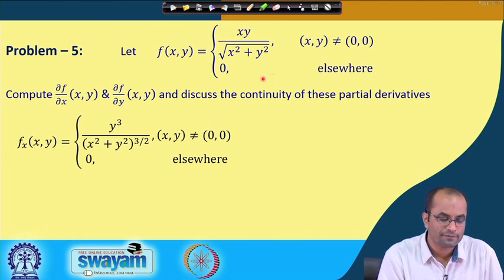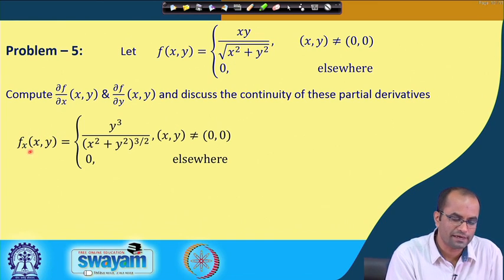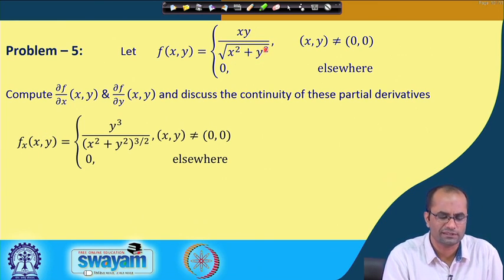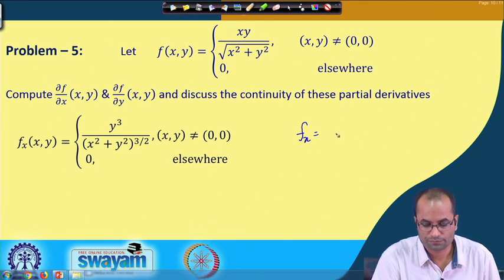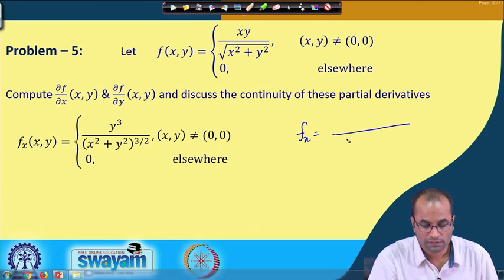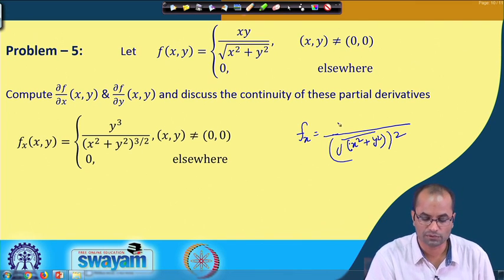So, when (x, y) is not equal to (0, 0), we have this function, and we can take the partial derivative with respect to x here, treating y as constant. Just following the usual calculation, we have x square plus y square under the square root. So, this will be the whole square, and then in the numerator we take the derivative treating y as constant.